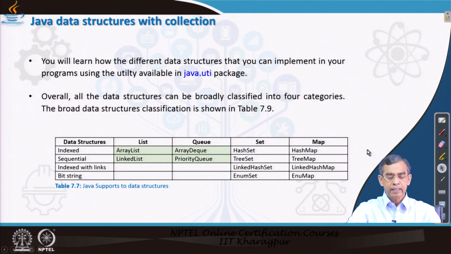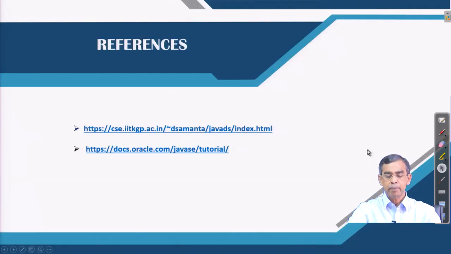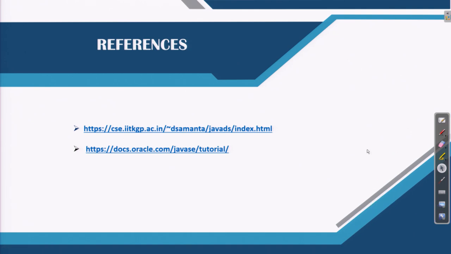Regarding the details about different structures, classes and interfaces, you can consult the Oracle documents. This is a tutorial form. It is very nice, but very exhaustive; usually it is good for advanced programmers. For beginners who are new to this concept, I suggest consulting this link.